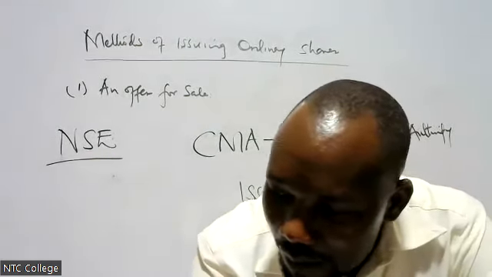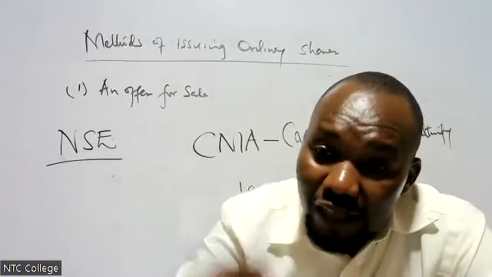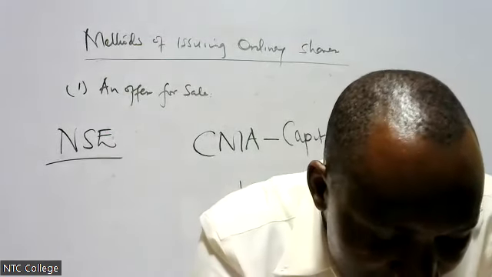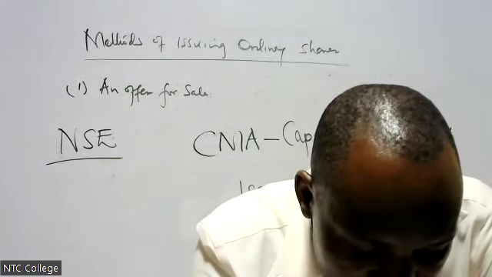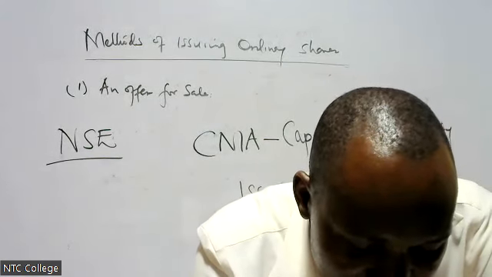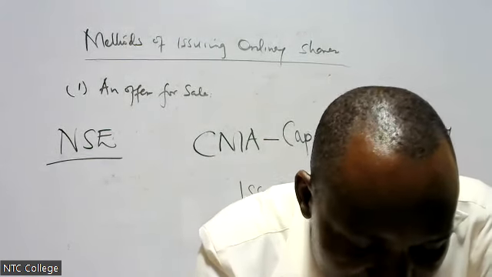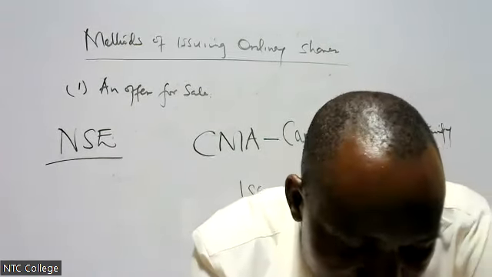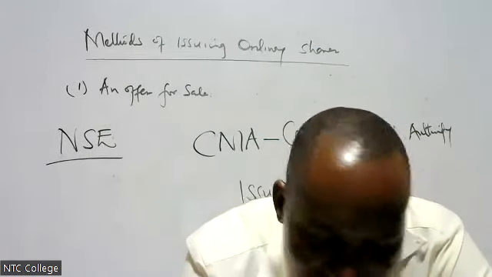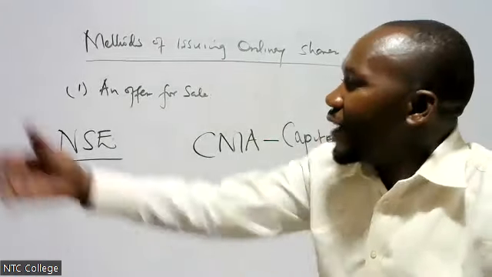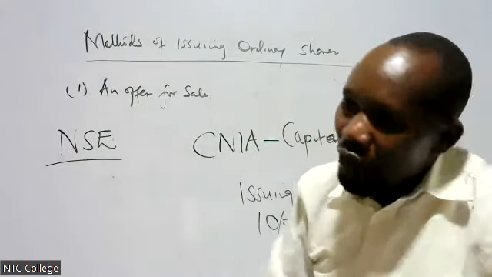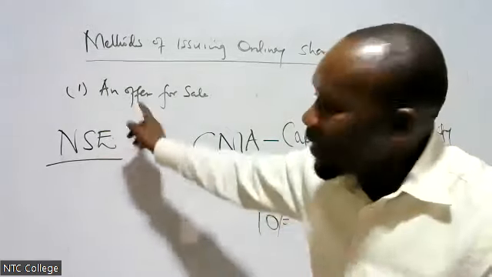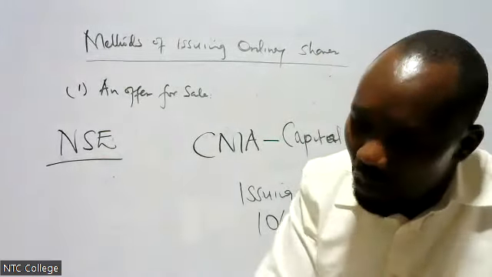It involves the issuing company, that is the company that is issuing shares for the first time. It involves the issuing company selling the entire issue of shares to an issuing house. He is giving an offer: take it at 10 bob, I can allow you to take it, it is an offer, because he knows that he cannot sell if he goes there alone.